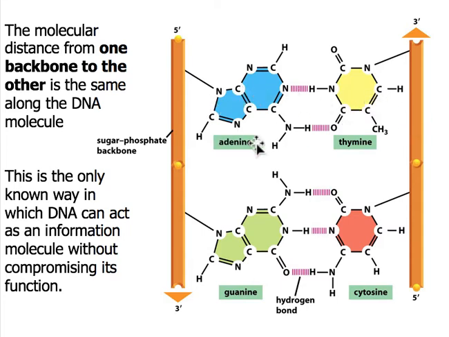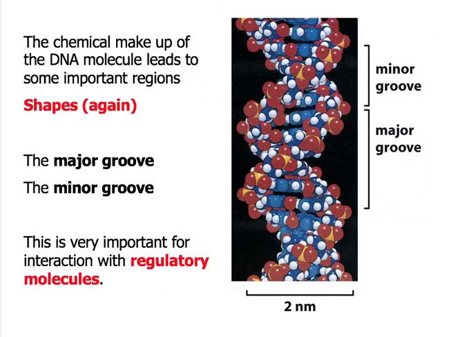So here, adenine only forms 2 hydrogen bonds with thymine, whereas guanine always forms 3 hydrogen bonds with cytosine. This has to do with the distance the hydrogen atoms are away from their counterparts across this minor gap in the DNA helix.